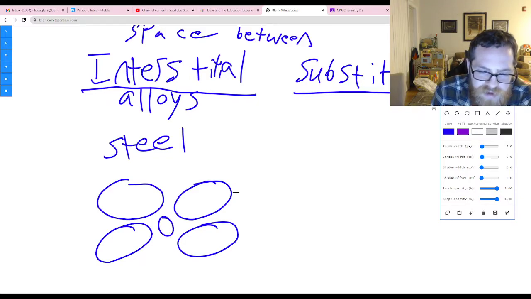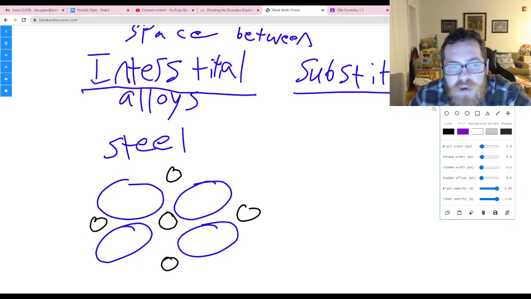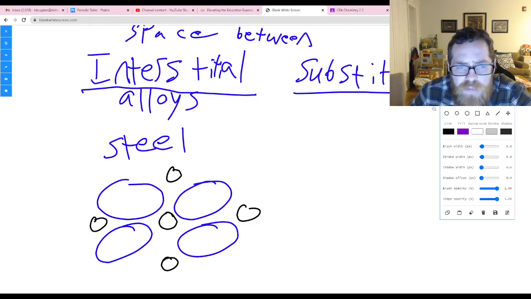The carbon atoms go in between those spaces. This means you won't really see too big a difference between the density of one metal and the density of the other.